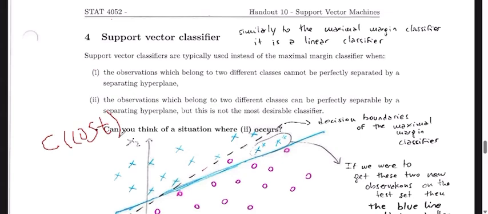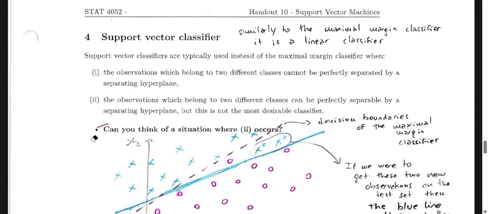But right now, since we want to make the model more robust, we're going to have a parameter that acts as a trade-off between maximizing the margin and minimizing the classification error.